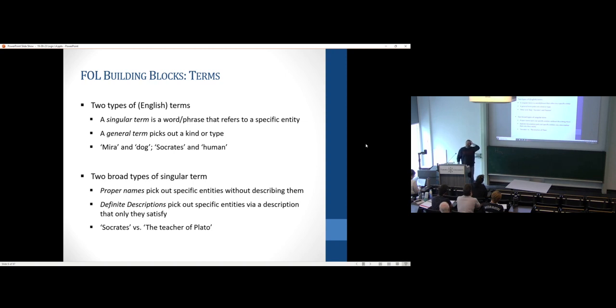I figure that's a slightly less controversial example than some other religious examples we might invoke here. A really good example is Vulcan. Not Vulcan, the Roman god, but Vulcan was postulated to be a planet closer than Mercury to the sun. It was supposed to explain Mercury's movements. As it turns out, what was going on there was the light was actually bending around the sun because of how heavy it is gravitationally.